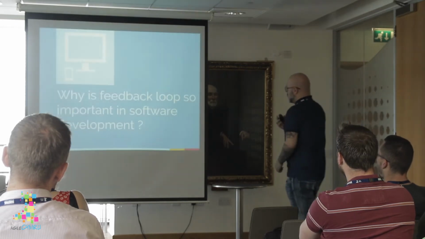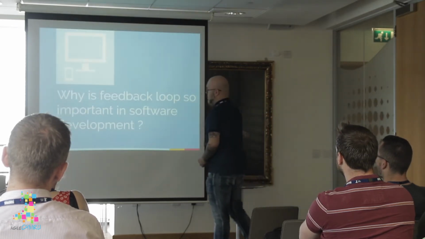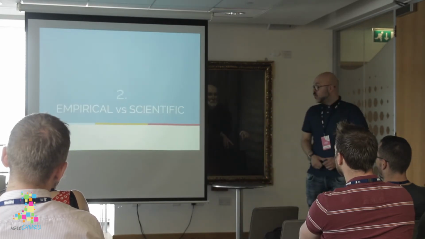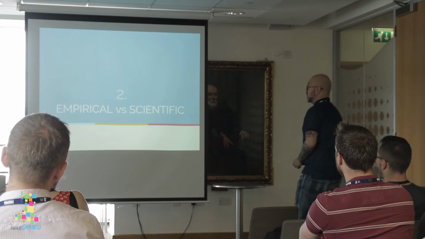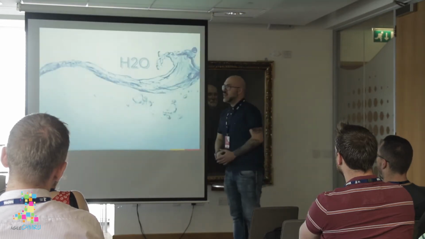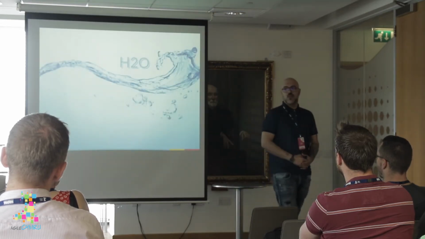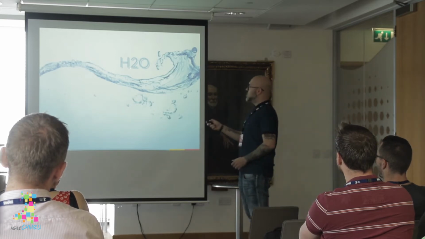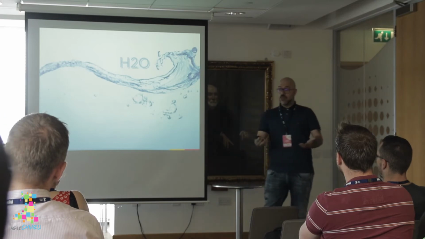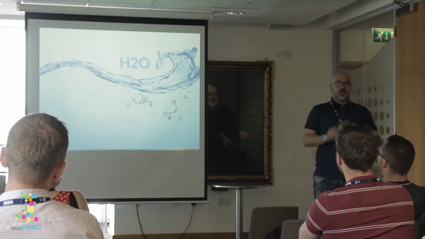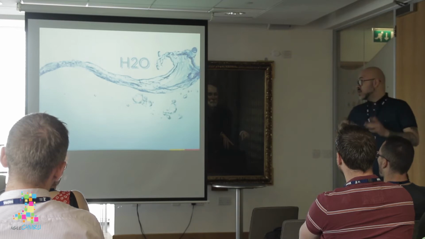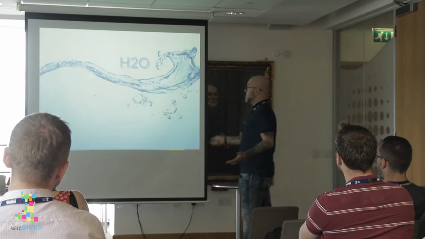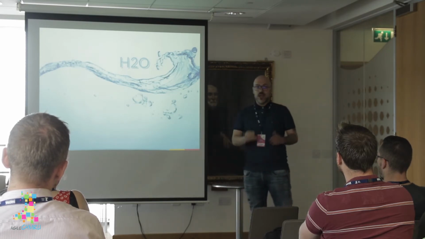So why is a feedback loop very important in software development? And this is the question that moves us to the difference between empirical and scientific. So for instance, if I ask a team in Japan and one in the US to generate water, they know for sure that with this formula they can create water, right? So the outcome of this experiment is well known by everybody, because if they apply this formula, they will have water.